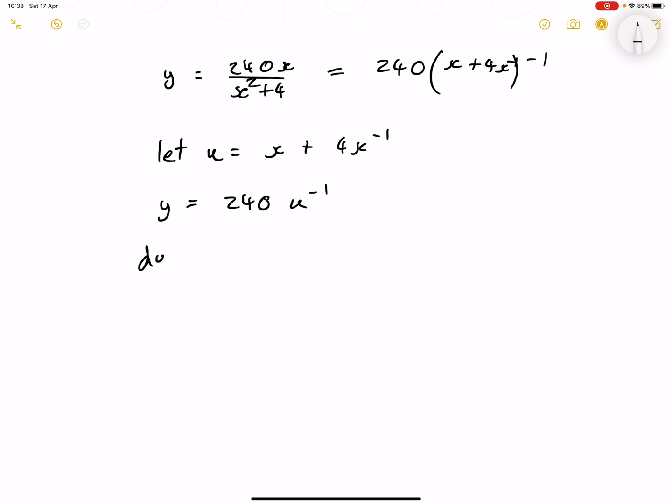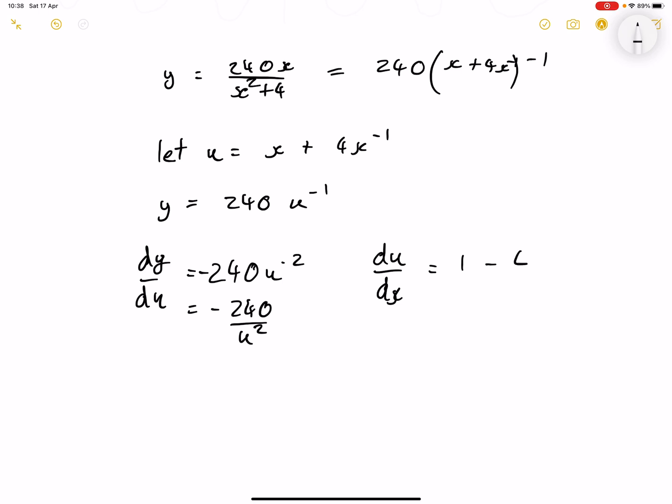So dy by du will be equal to minus 240 u to the minus 2, which is the same as minus 240 over u squared. And then du by dx will be equal to 1 minus 4x to the minus 2, which is the same as 1 minus 4 over x squared.